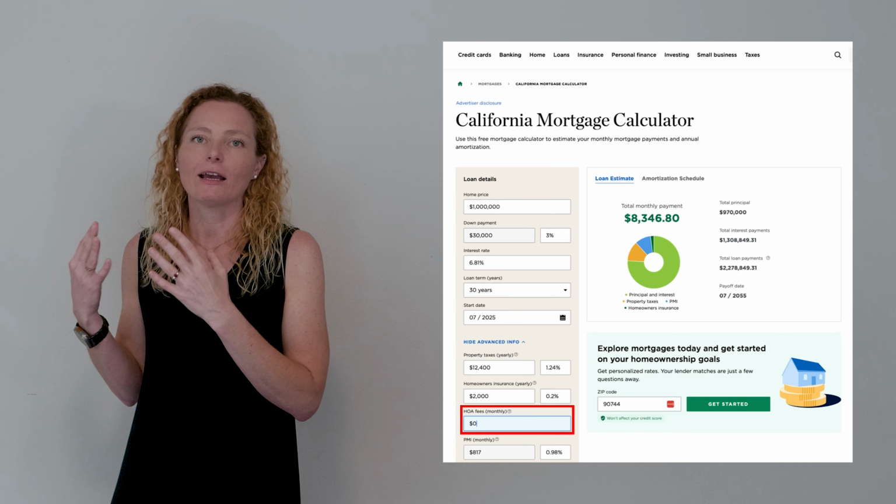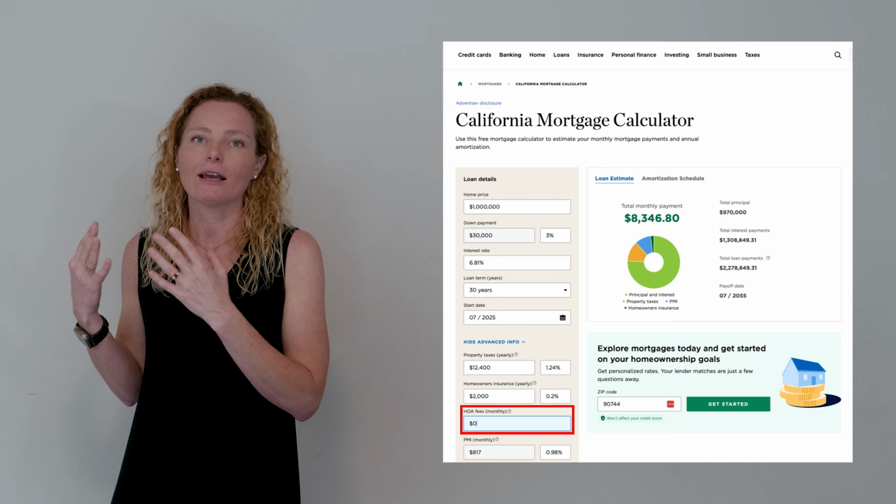Also, there are plenty of properties out there that have no HOA. And typically these are standalone houses where you're not sharing anything with your neighbors. So for our example today, let's say you're buying a standalone house. There's no HOA, so your monthly HOA payment is going to be $0. PMI.